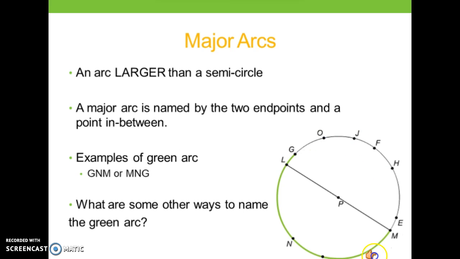If I went this way, I would have to pass M. That would be incorrect. So I go to the N and then to the other endpoint M. And it doesn't matter the direction as long as the in-between point is in between the name, and the 2 endpoints represent endpoints of the major arc. What are some other ways to name the green arc?